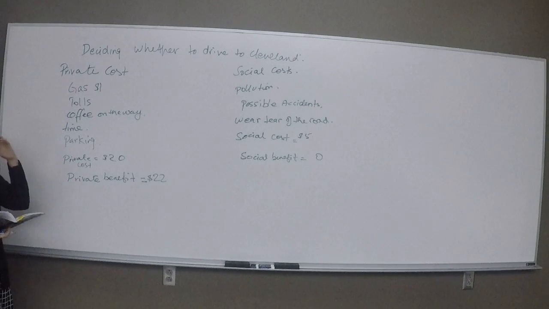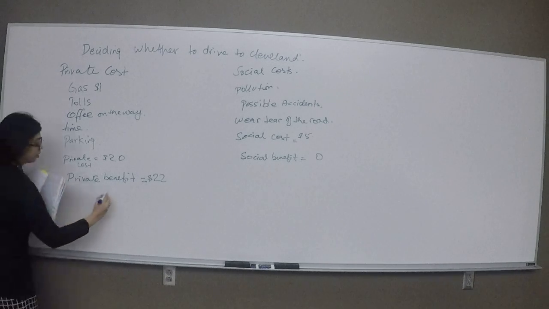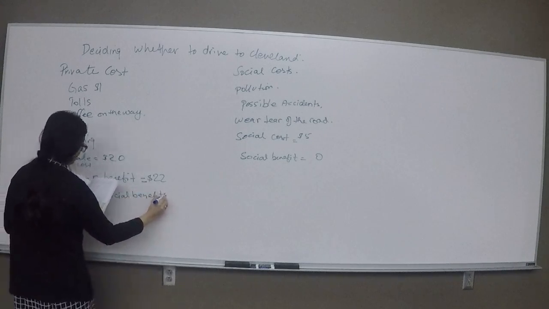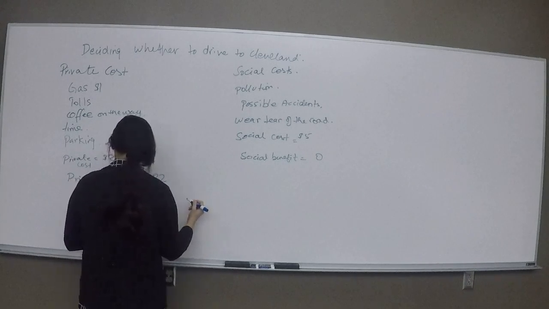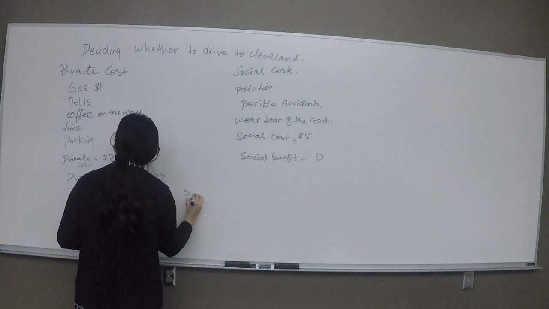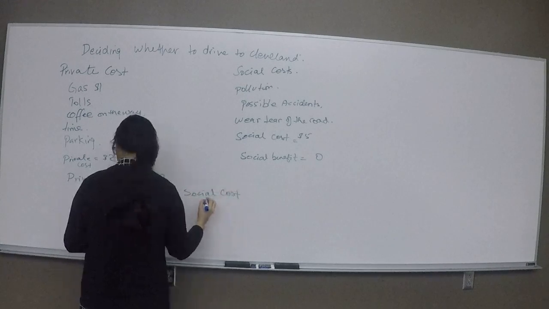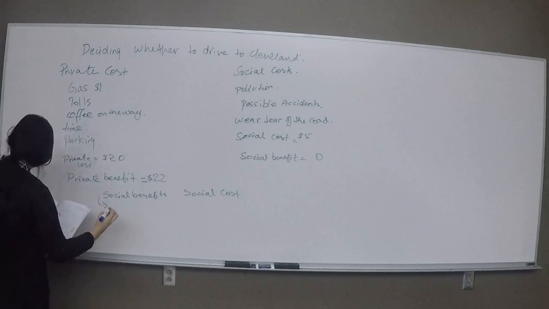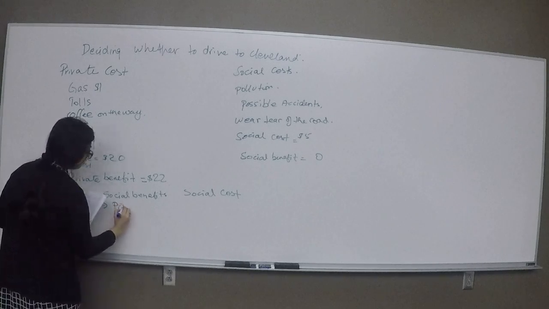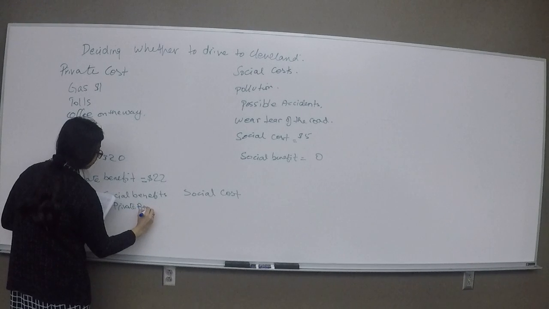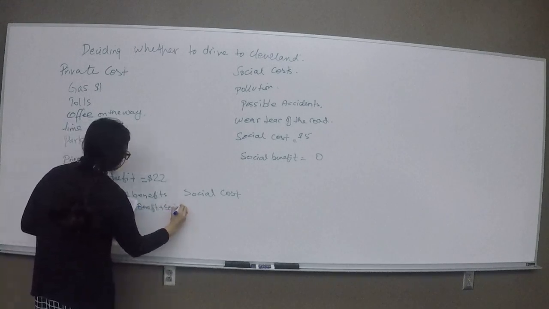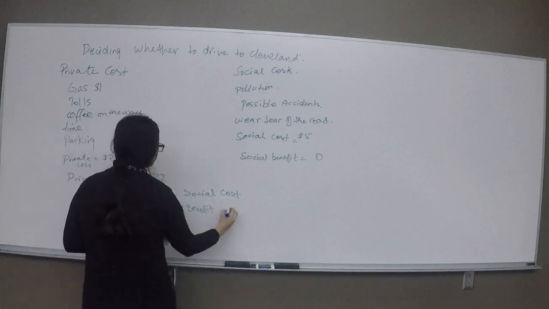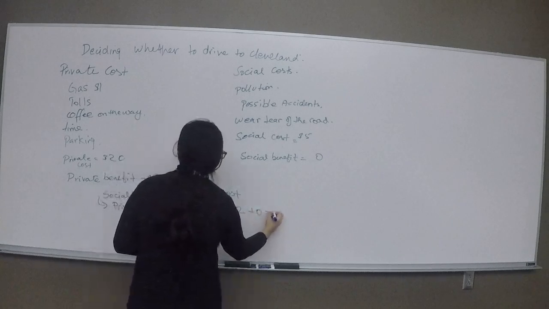Now, should you do the trip? Well, social benefits include private benefit plus social benefit, which in this case is private benefit is 22, social benefit is 0, so $22.